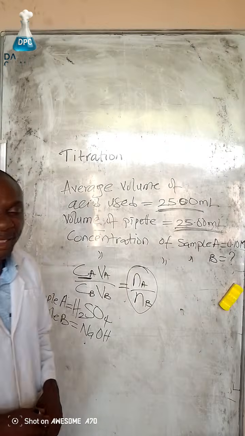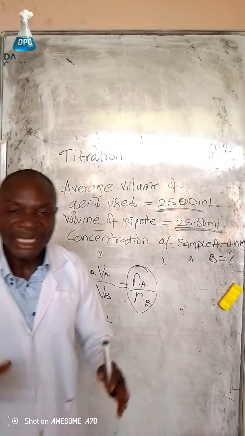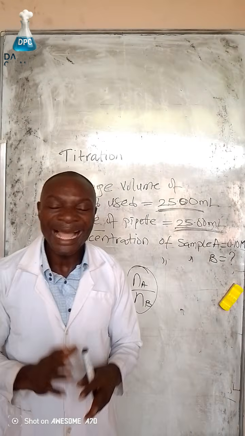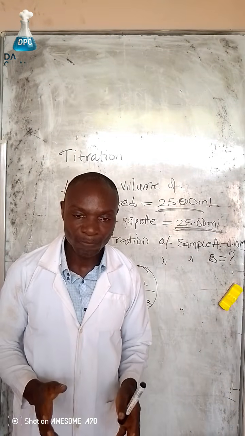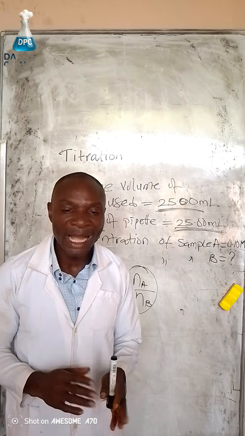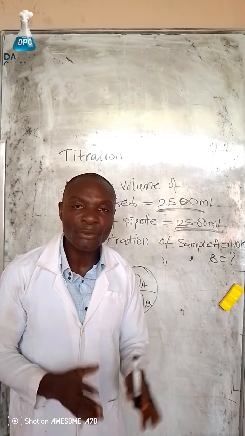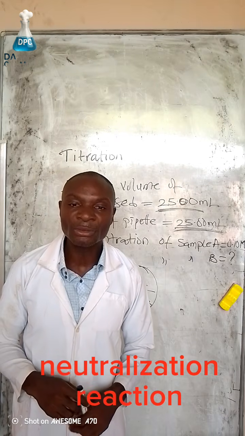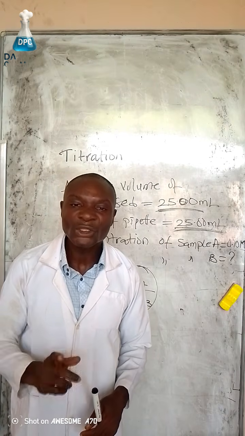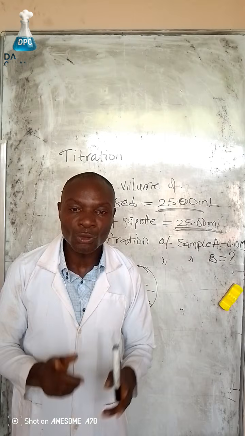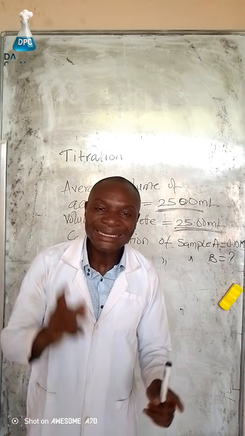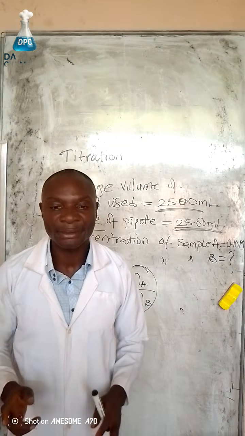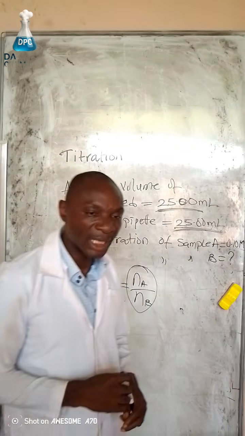Being an acid-base titration, the acid and base react and can only produce salt and water. That reaction is called a neutralization reaction. A neutralization reaction is a reaction whose reactants are acid and base, and the products are salt and water. Please take note of that also.